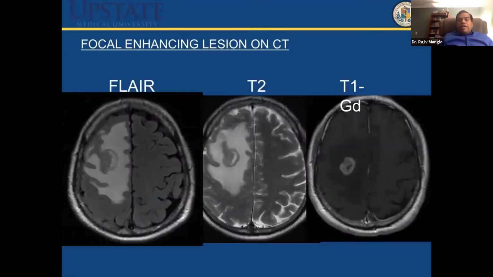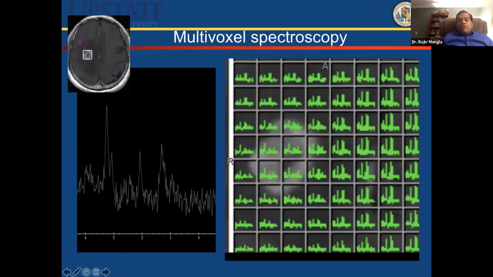Similarly, we have a problem sometimes differentiating between GBM and metastasis, and perfusion and spectroscopy have a role. This is multivoxel spectroscopy. As we all know, on the spectroscopy, we have to calculate the choline to creatine ratio.